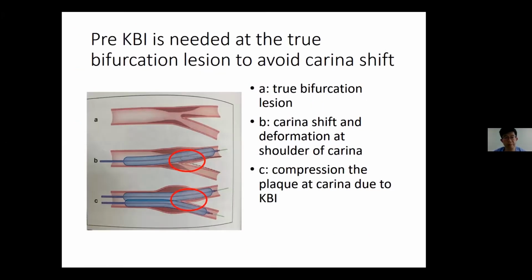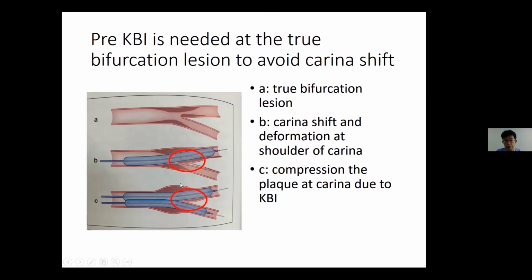So pre-kissing balloon inflation is needed in a true bifurcation lesion to avoid carina shift. This is very important. Panel A is a true bifurcation lesion, as you can see. If we perform balloon dilatation at the main branch only, carina shift and deformation at the shoulder of the carina occur here.